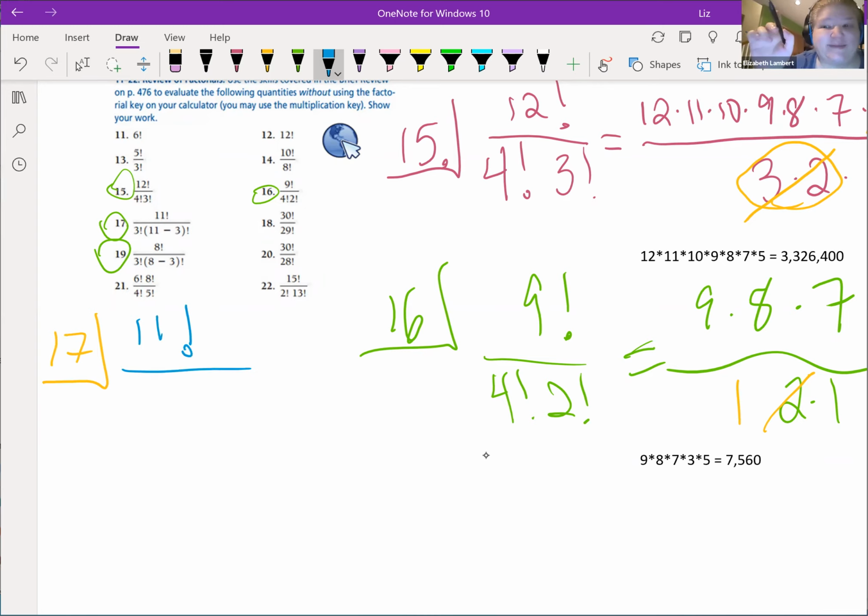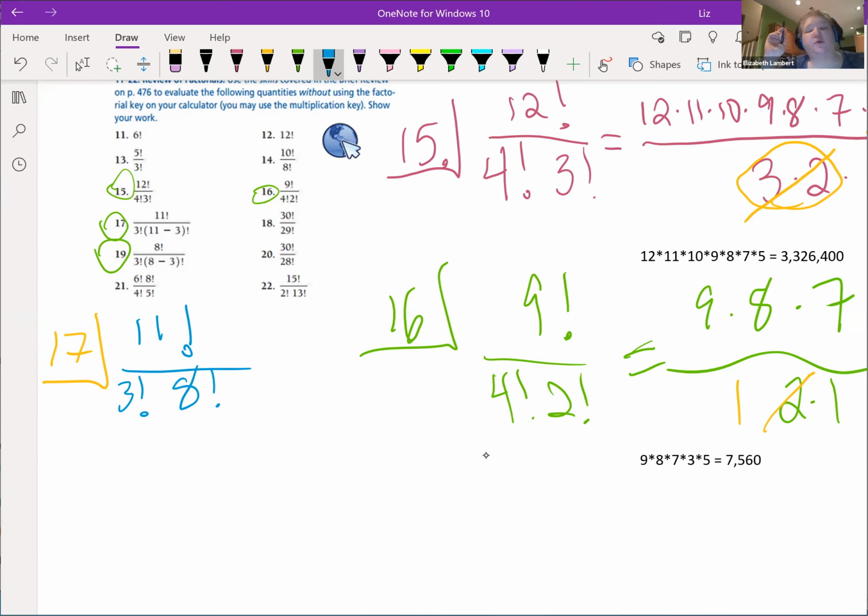I will do that in the 7E video if you wanted to look. So the 11 minus 3, that's the way the formula reads, but you can just simplify that to 8. And note the factorial is outside the parentheses. So in our order of operations, do what's inside the parentheses first, then the factorial is a multiplication order.